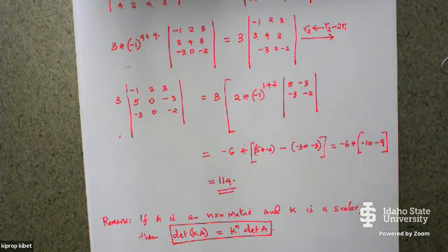If K is a scalar, then the determinant of KA is K raised to n, if it is an n by n matrix. If it is a 3 by 3, then the determinant of KA equals K raised to 3 times the determinant of A. If it is 4 by 4, then K raised to 4 times the determinant of A.